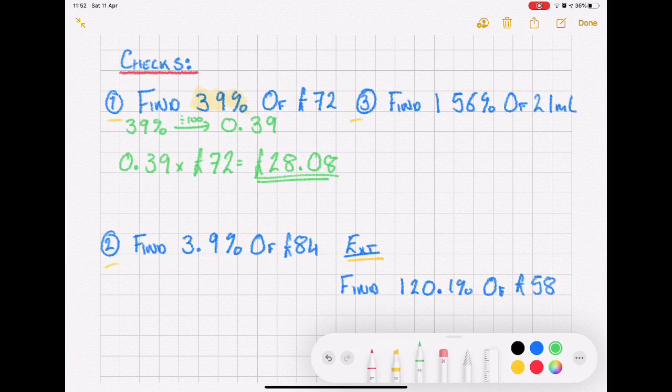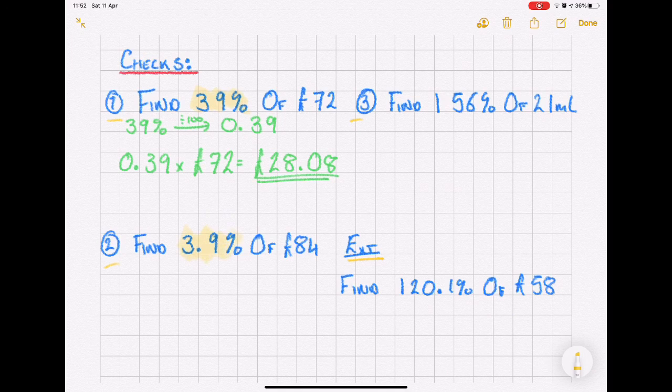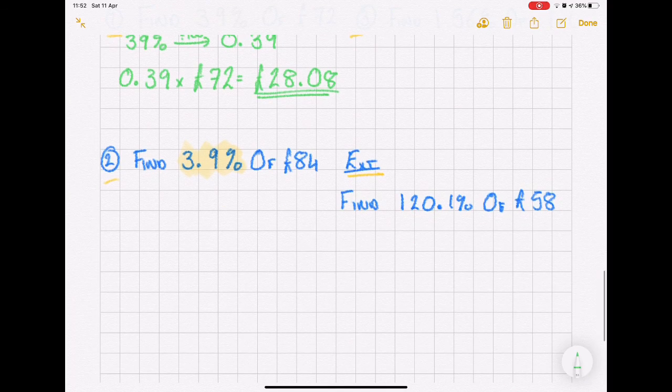Let's have a look at this second question. Find 3.9% of £84. So let's find our multiplier. 3.9% divided by 100 gives us 0.039.